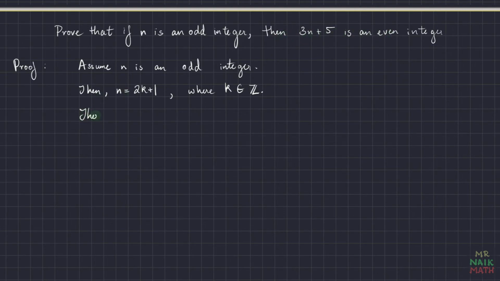Therefore, 3n plus 5 equals 3 times n, which is 2k plus 1, plus 5. Expanding this, we have 3 times (2k plus 1), which is 6k plus 3 plus 5. Simplifying, we have 6k plus 8. Now somehow we need to write 6k plus 8 as 2 times some integer.